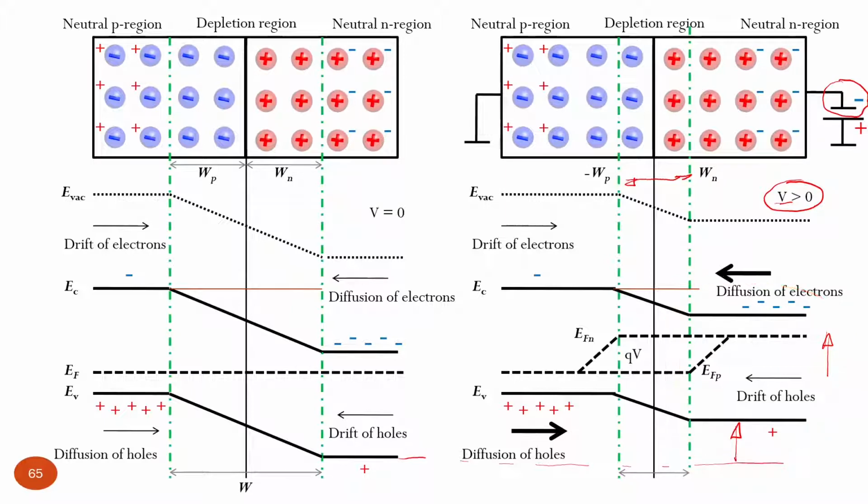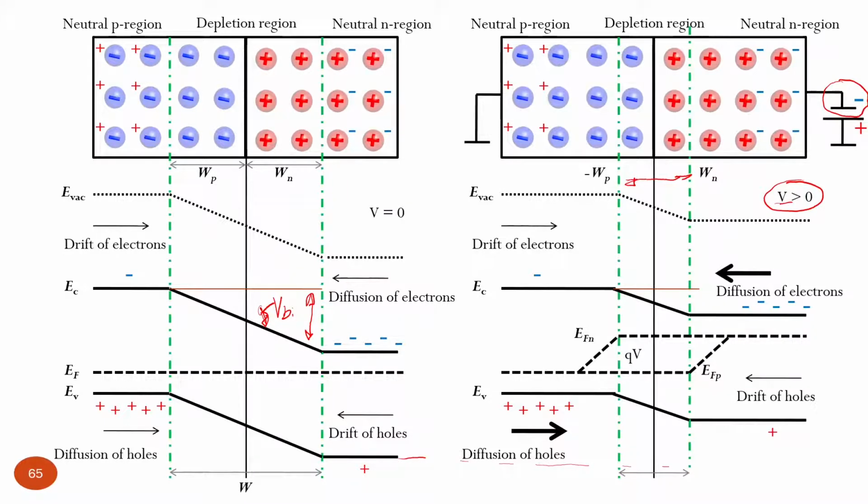So if you look now here, this is our qV_bi, the height of the potential barrier for majority electrons to diffuse into the p-type region. The same height of the potential barrier stands for holes which want to diffuse from p to n region.